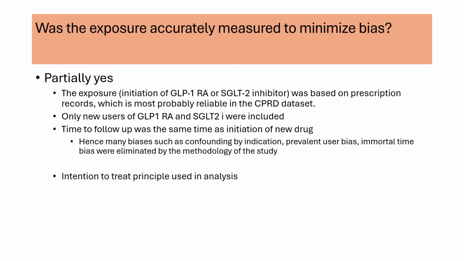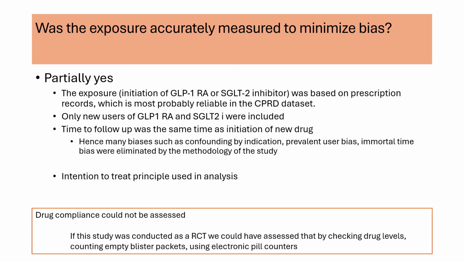And they have used an intention to treat principle in the analysis. So the problem is drug compliance could not be assessed here. So if you had done the study as an RCT, we could have probably ensured drug compliance by checking drug levels or counting empty blister packets or using electronic pill counters.